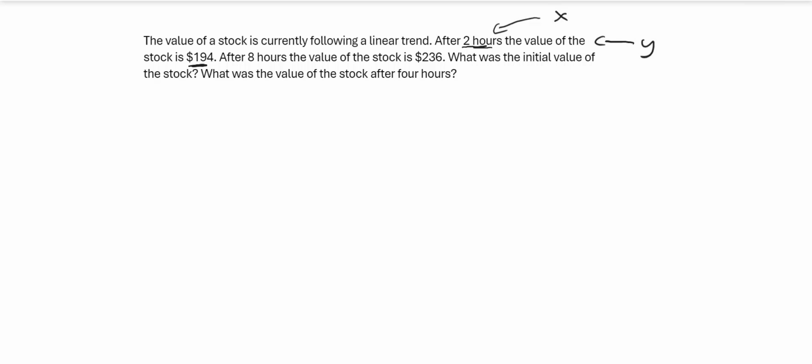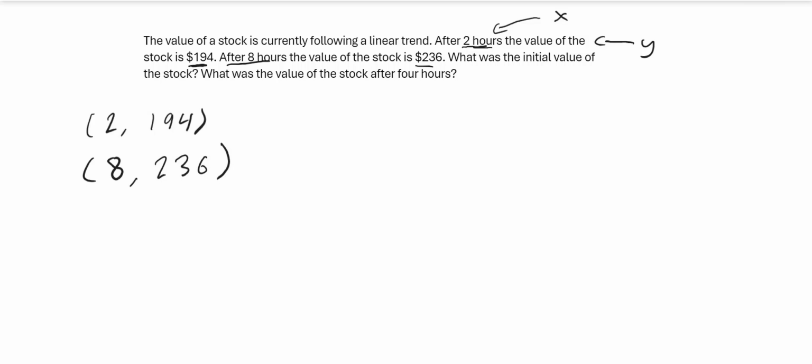So this sentence here, after 2 hours, the value of the stock is $194, tells me a possible point on our linear expression. And then we can find our other one after 8 hours. That would be our x value, 8 hours since the initial time, and the value of the stock is $236.